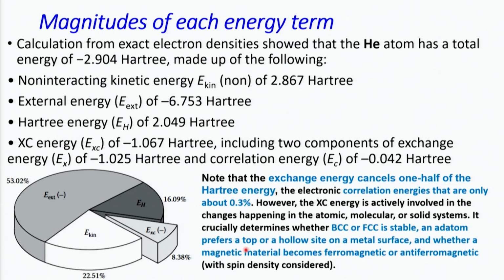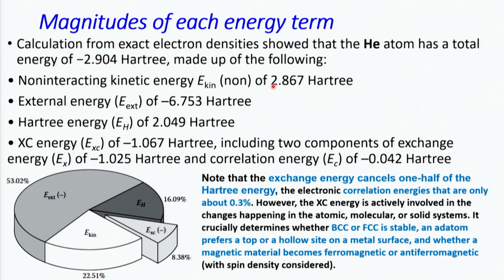Okay. So before we go to that, essentially we need to say what the contributions are for the different components of this interaction. So first, in the DFT sense we have the kinetic energy, which we write for non-interacting electrons. Let us say the total energy is minus 2.90 Hartrees.